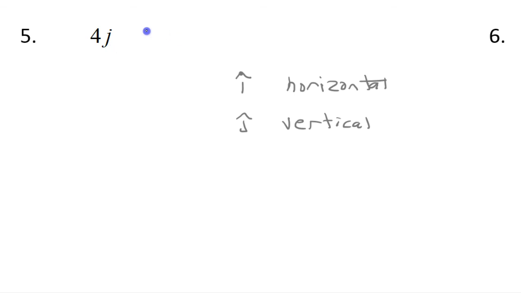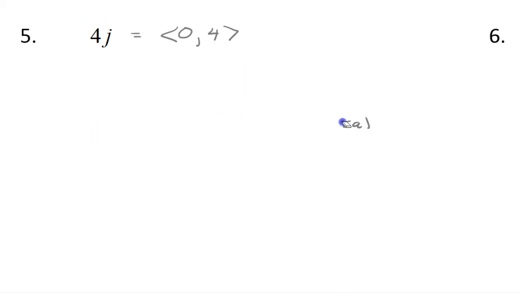So that means in component form, this would be 0, all right? There is no horizontal component. So the horizontal component is 0, and comma 4, since 4 is the vertical component. So just keep that in mind as we do the rest of the problem. So that is the component form.